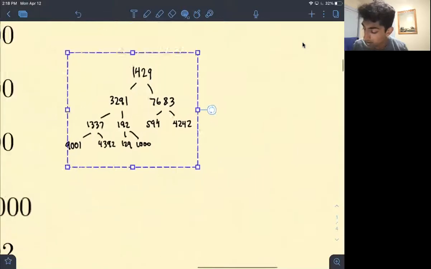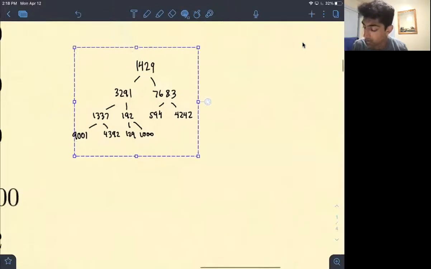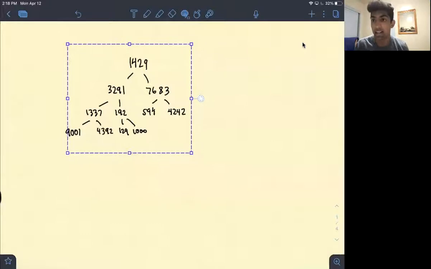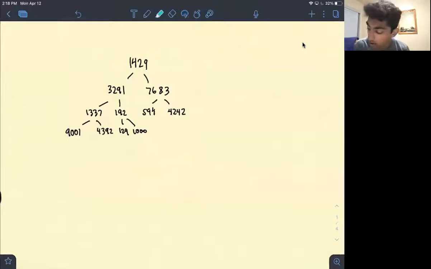So we have this state right here. And what we're going to do is keep bubbling everybody down, starting from this element right here. Okay, so what we'll notice is that for all of these elements, there's no bubbling down that needs to be done, even 594. So what we'll see is that when we go to 192, we swap 192 with 1000.